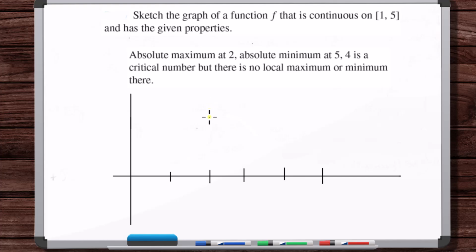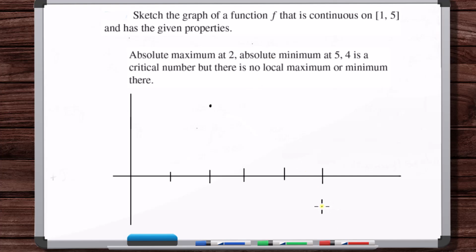So the function is going to have to pass through here. This will be the absolute max, but this is also going to have to be a local max, but that's still fine. There's no way we can make this a global max, but not a local max, unless it's an endpoint, and it's not an endpoint.